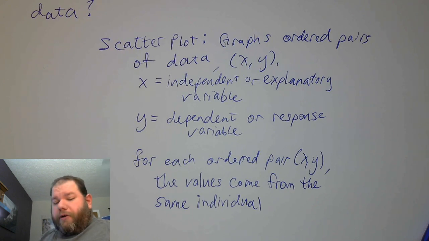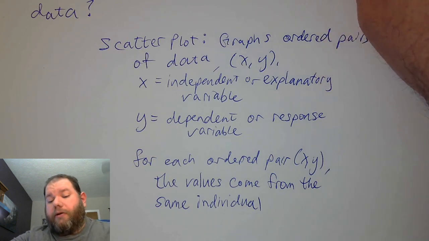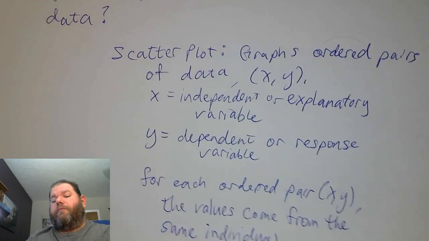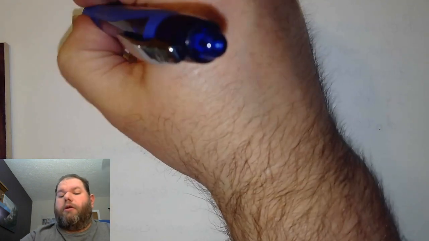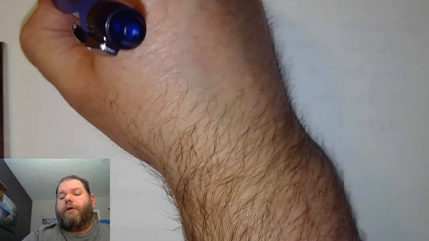So for each ordered pair x comma y, the values came from the same individual. Let's look at what a scatter plot might look like. The idea is that on our graph, here's our x and here's our y.